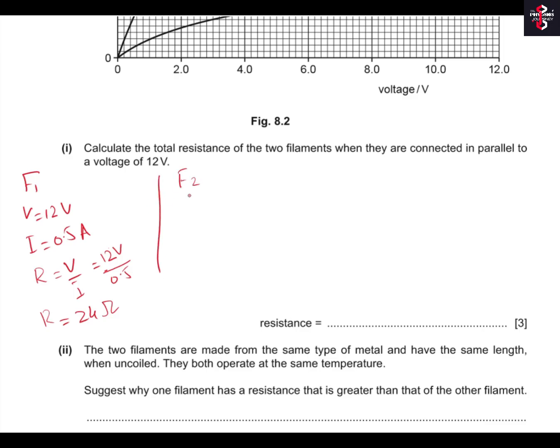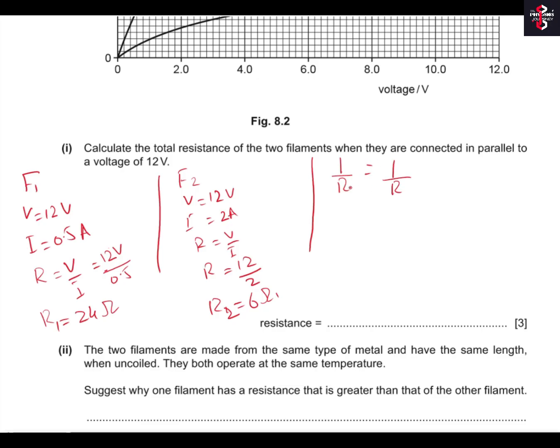For F2, V is 12 volt, current is 2 ampere, R equals V by I, R equals 12 by 2, R equals 6 ohm. I will call it R1, and this R2, 6 ohm. So 1 over R total equals 1 over R1 plus 1 over R2.